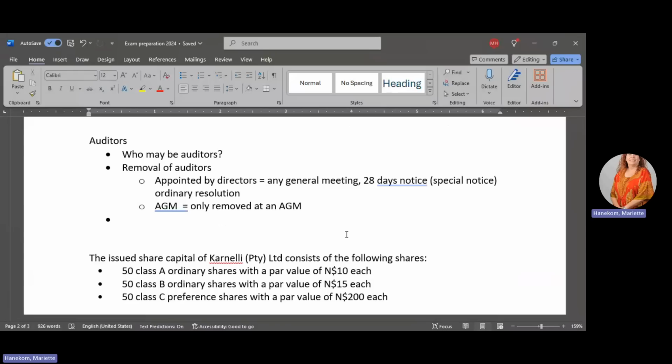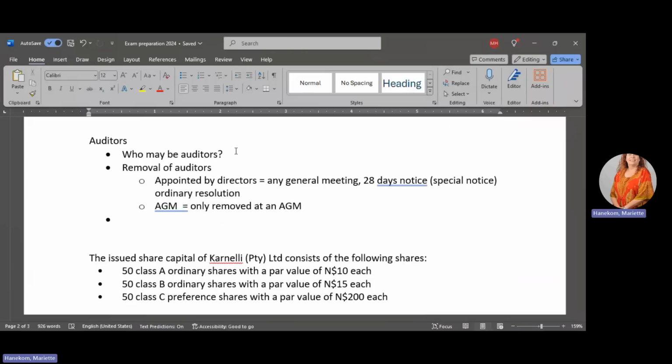Some things to make sure you know there. Firstly is who may be auditors, who may be appointed as auditors. Secondly, the procedures for the removal of auditors.